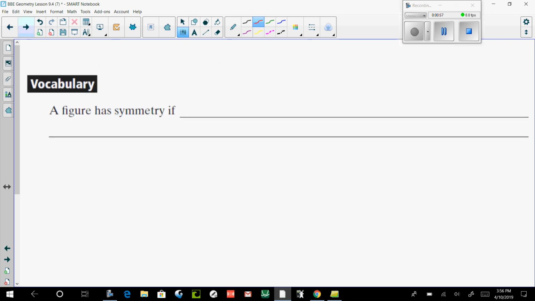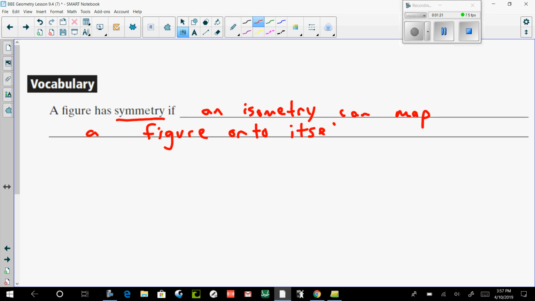So a figure has symmetry. The technical definition of symmetry is that a figure has symmetry if an isometry, which is a transformation we've been talking about, can map a figure onto itself. To show you what this definition is talking about, I'm going to look at the capital letter H. There is a transformation that's going to map this onto itself.